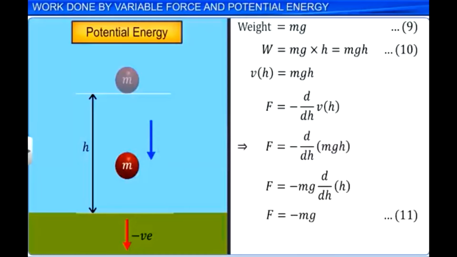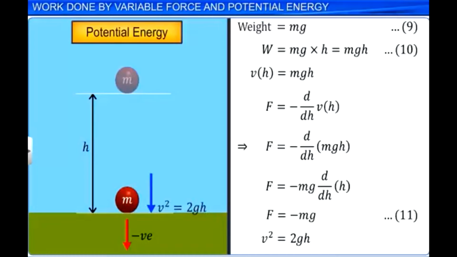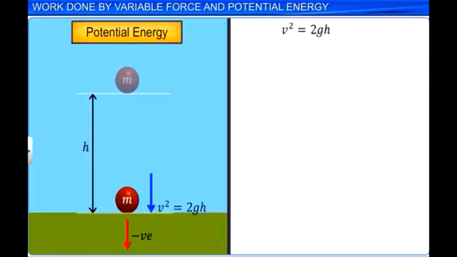The body strikes the ground with the velocity v denoted by the expression v squared is equal to 2gh. On multiplying both sides of the above equation with half m, we get half mv squared is equal to half m into 2gh, which is equal to mgh.